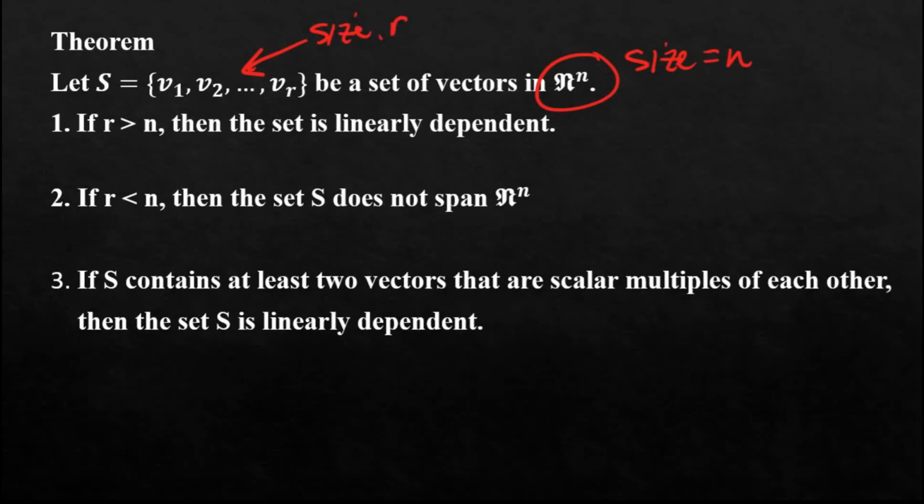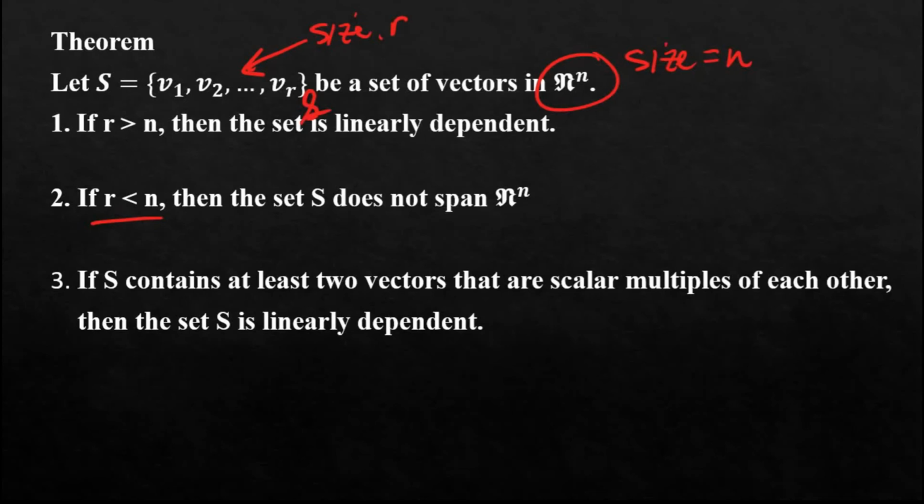If r is greater than n, then automatically the set S is linearly dependent. If r is less than n, then the set S cannot span the vector space.